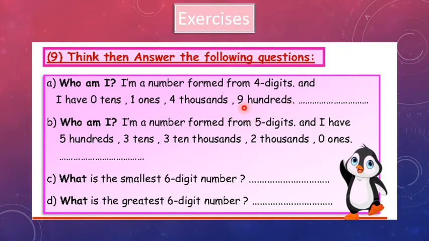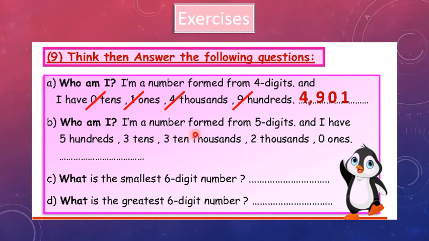First of all, we will order these digits from the thousands place, the highest place value, then hundreds, then tens, then ones. This number is called 4901.